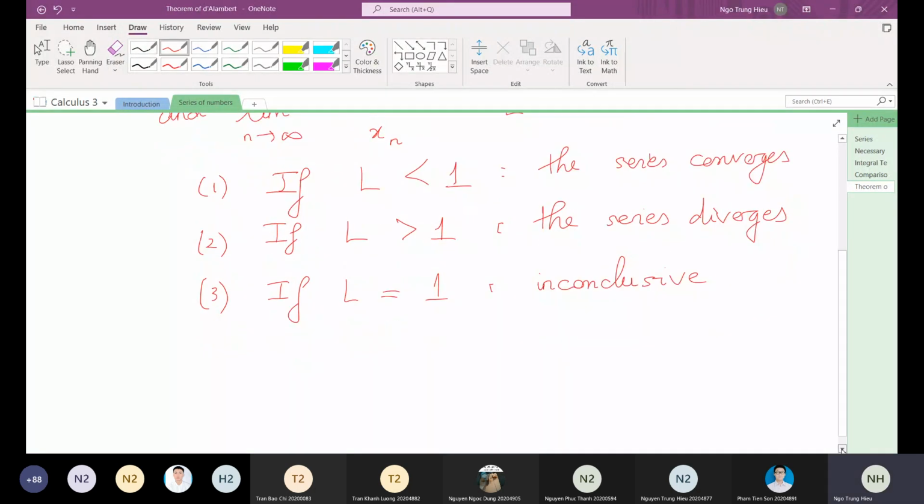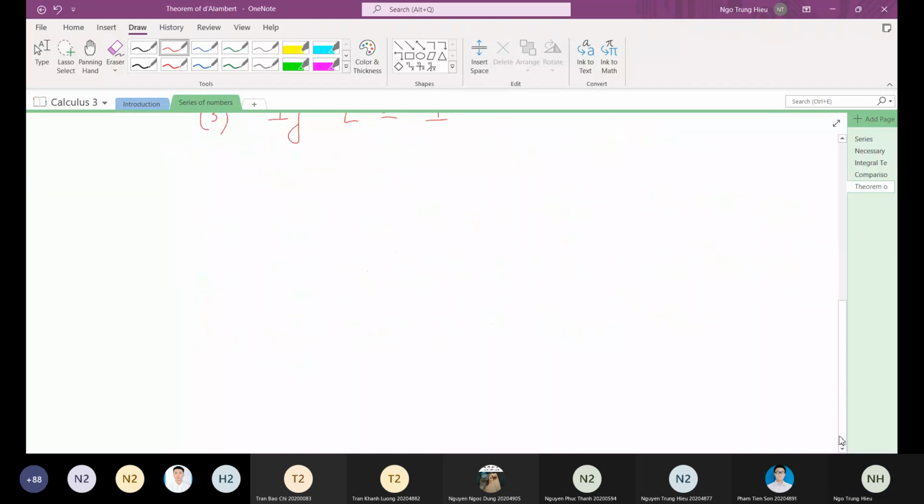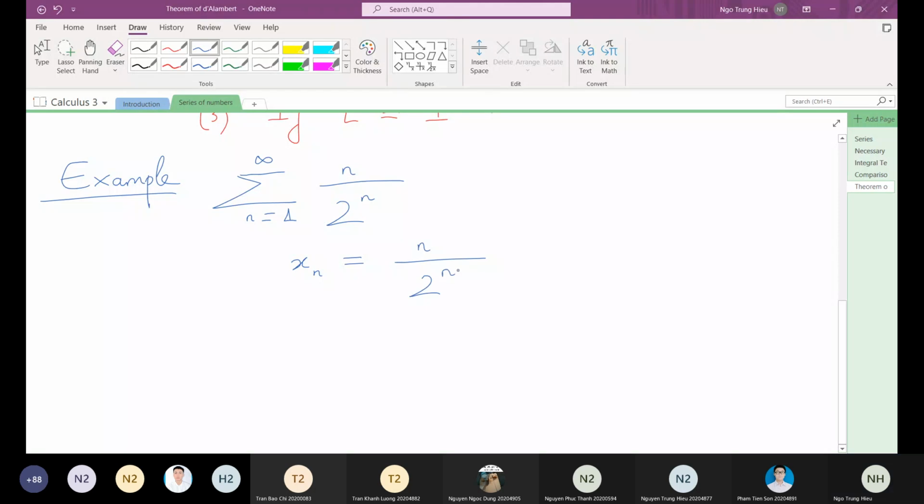So let us do a small example, right? Let's consider the series n over 2 to the n. If we use the theorem of D'Alembert, here x sub n equals n over 2 to the n.